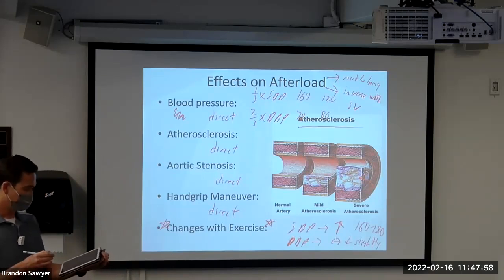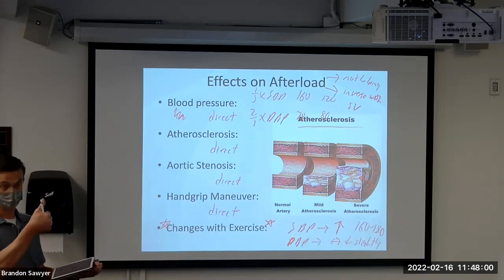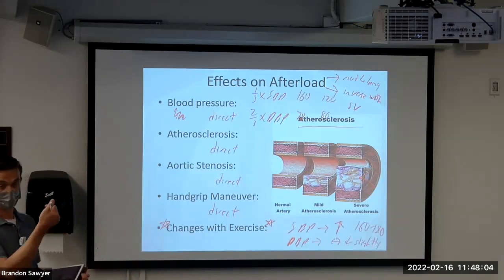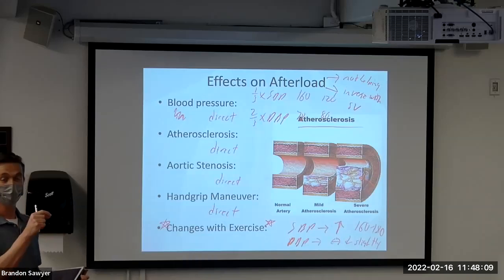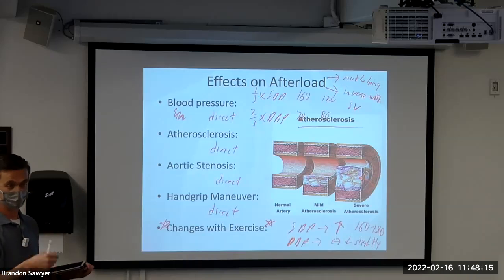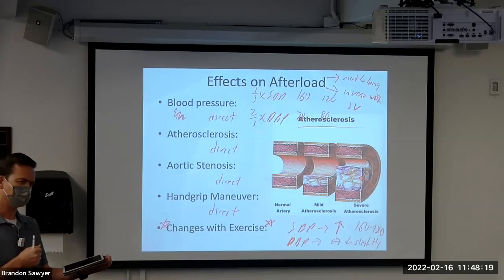So there are really three factors: preload, afterload, contractility. We tend to think of preload and contractility going up, which helps our stroke volume go up, and afterload going up, which fights against our increase in stroke volume directly right there at the aorta. That's the way to think about it. Okay, questions on that?